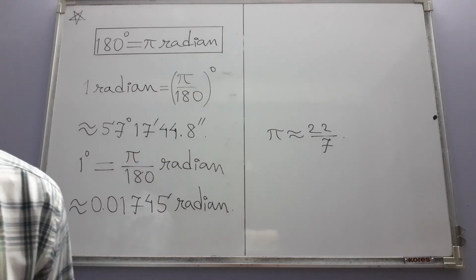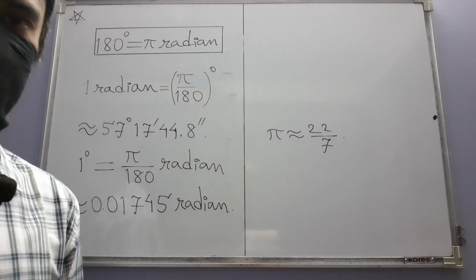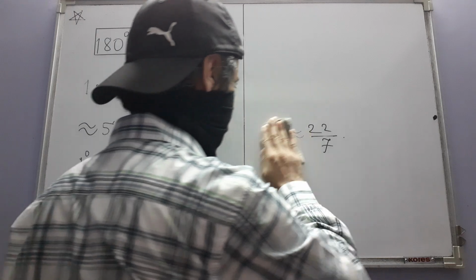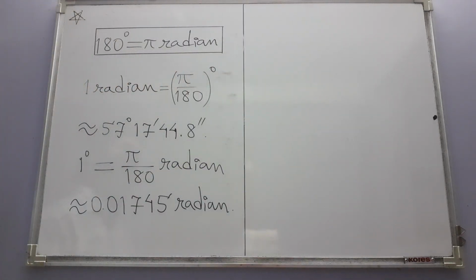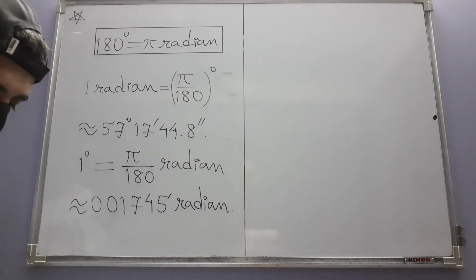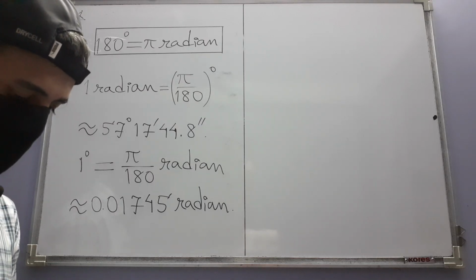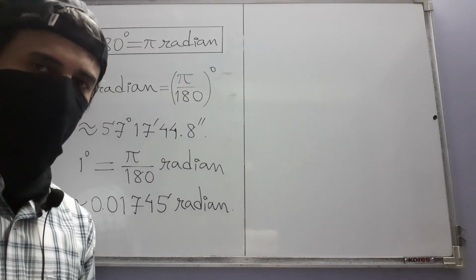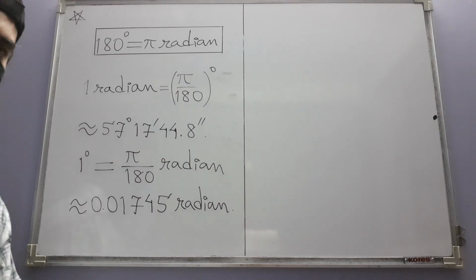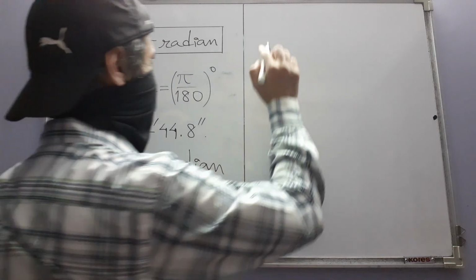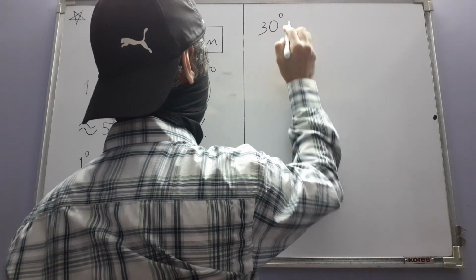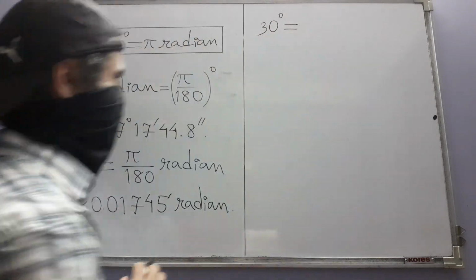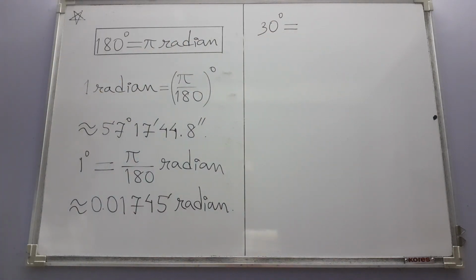Okay. So now using this relation, let us see the radian measures of some known angles in degrees. Some of these are given in the text. You are already familiar with this, but let's see once more. Say 30 degrees. To turn 30 degrees into radians, what do you have to do?